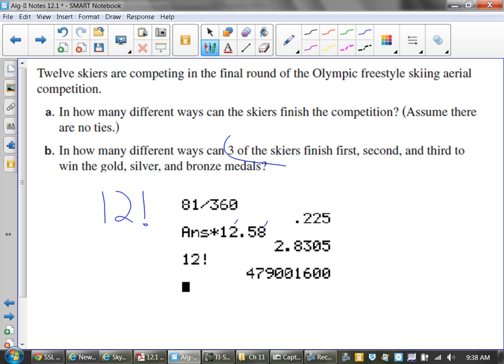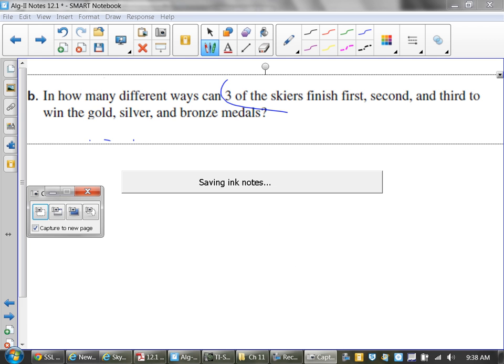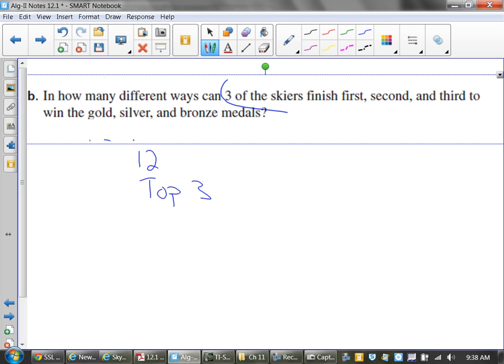So let's talk about this one again. We have a total of 12 skiers, and you want the top 3 places. How many different ways can you do that? Well, for the first person you have 12, then for the second person there would be 11 left, and then there's 10 left.